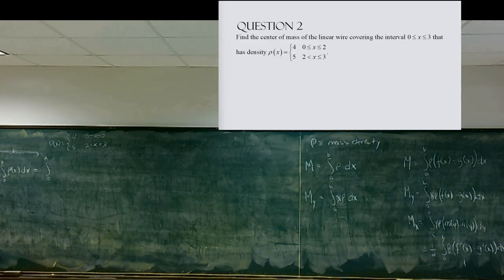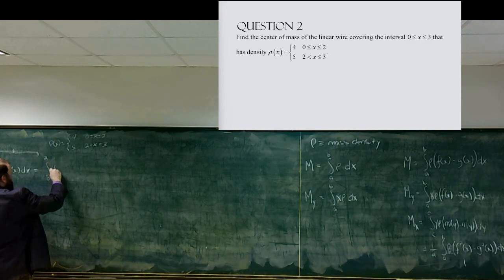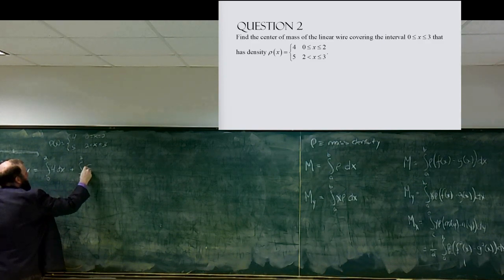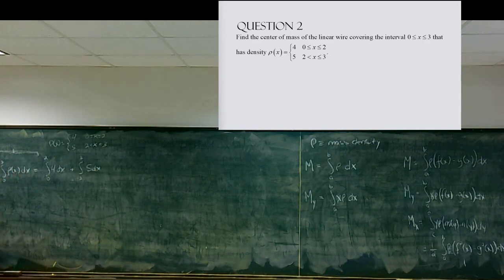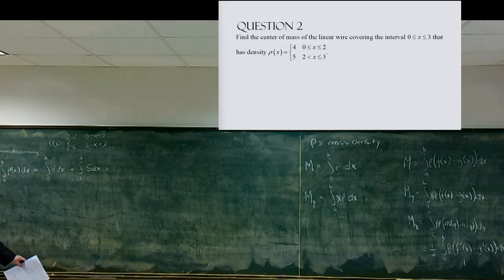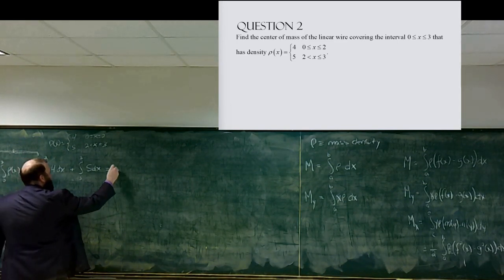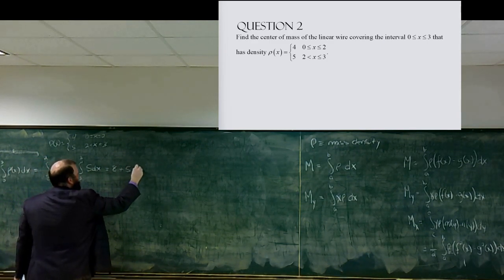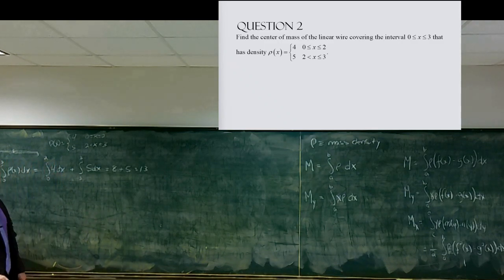Integrating 0 to 2, what are we integrating? That would be the 4. And then 2 to 3, we integrate 5. They're technically functions, but they're constants, which makes these integrals really easy. Length is 2 times 4 is 8. Length is 1 times 5. Total mass is 13.